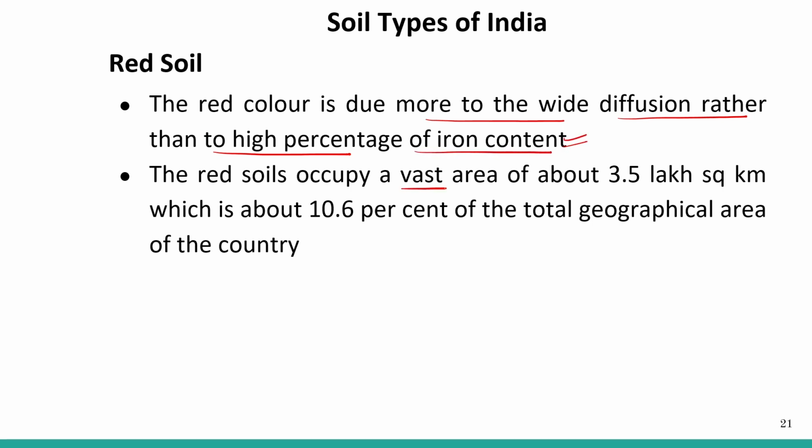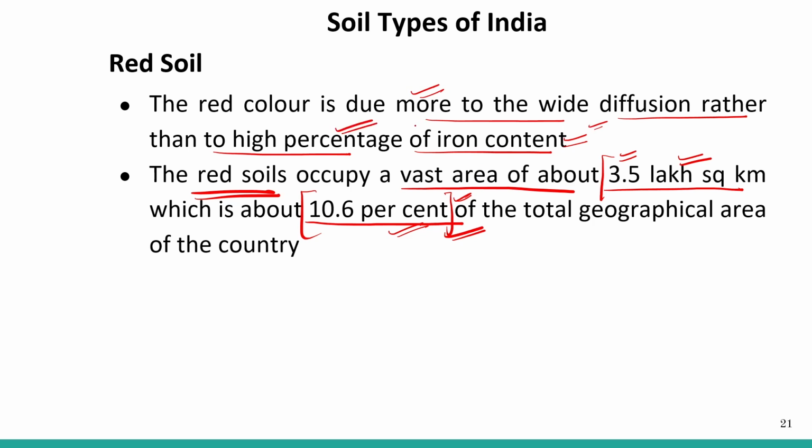The red soil occupies a vast area of about 3.5 lakh square kilometers, so a large area, and that is around 10.6% of the total geographical area of the country. So this is the description of how much of our country is occupied by this type of soil.